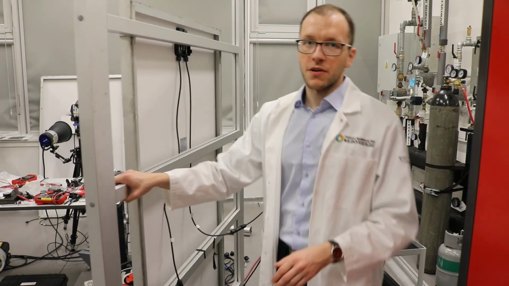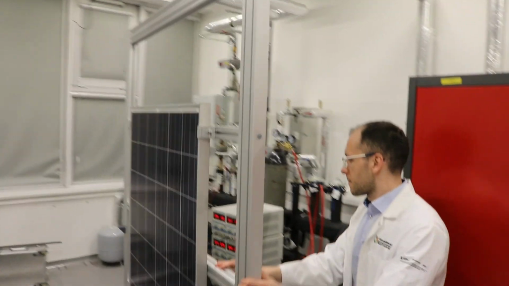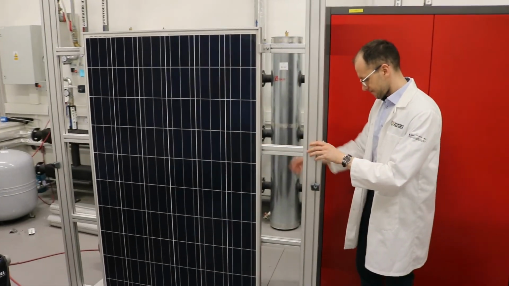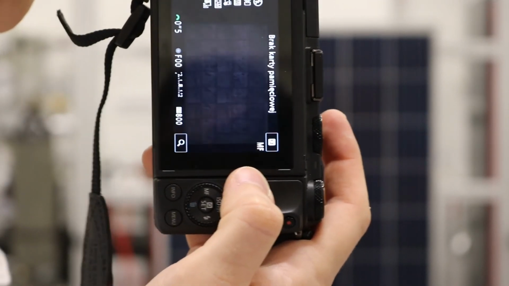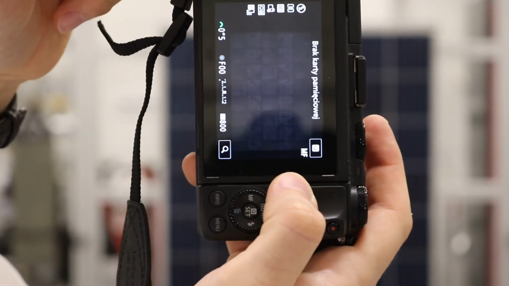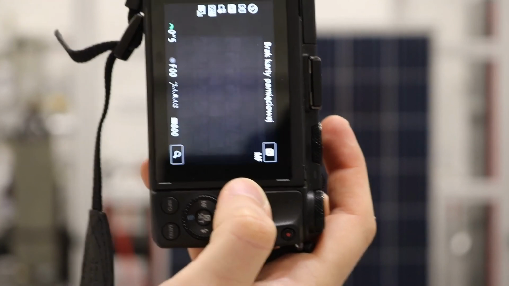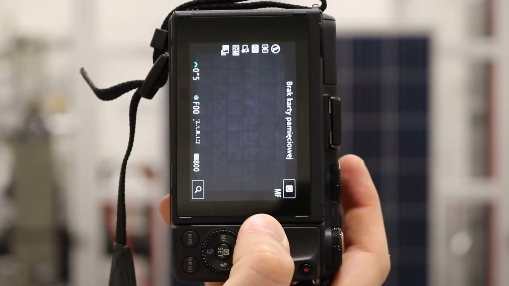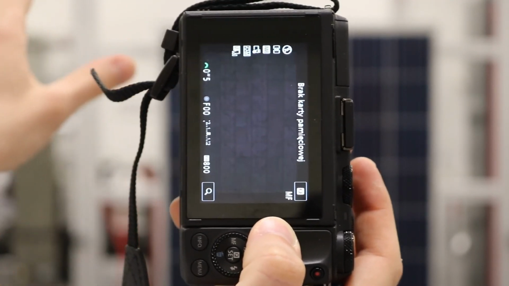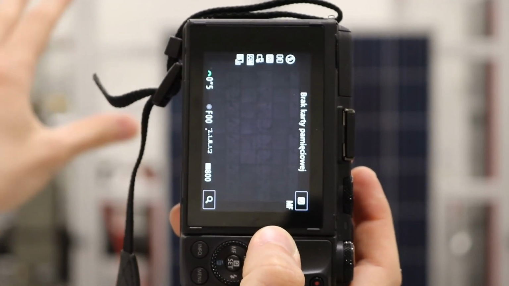So let's now perform a simple measurement. Okay, so this is the special camera which allows us to see the luminescence of our device.